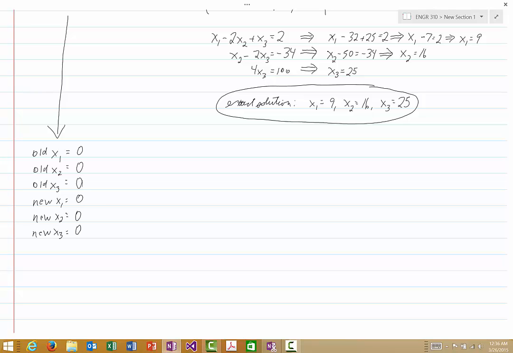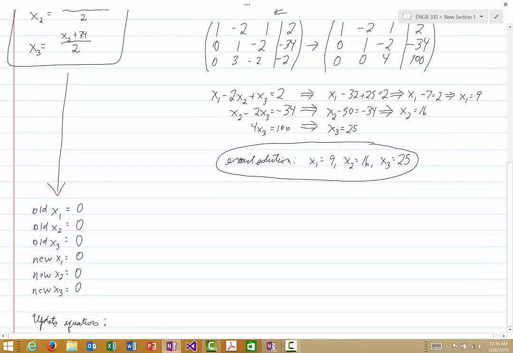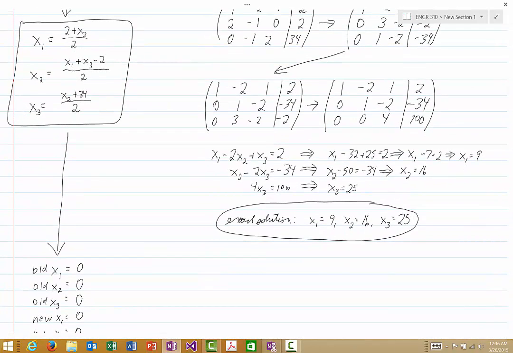And now we'll have what we call update equations. These update equations will allow us to get new values of x1, x2, and x3 from the old values, and they will be based on the equations that we have derived right here.